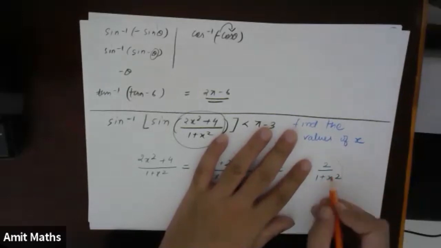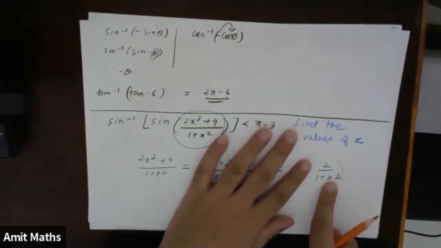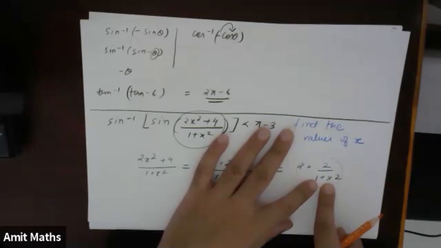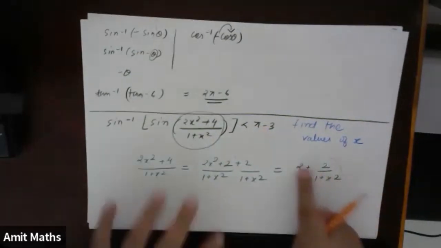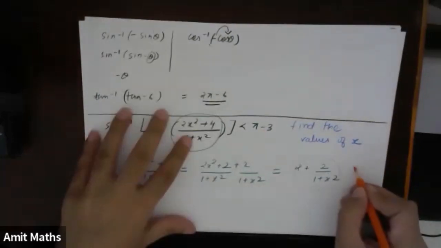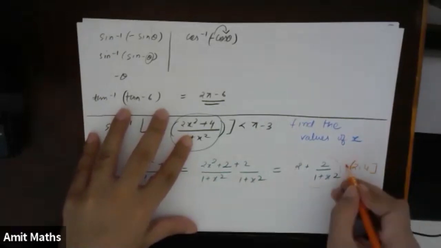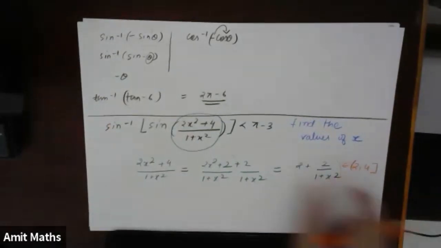When x is 0, the maximum value will become 4, and the minimum value, when x is maximum, meaning infinity, will become 2. So this will lie from 2 to 4, with 4 being in a closed bracket and 2 being in an open bracket. This total thing lies in 2 to 4.